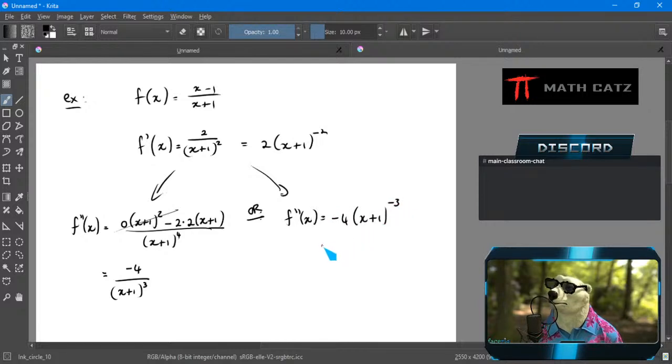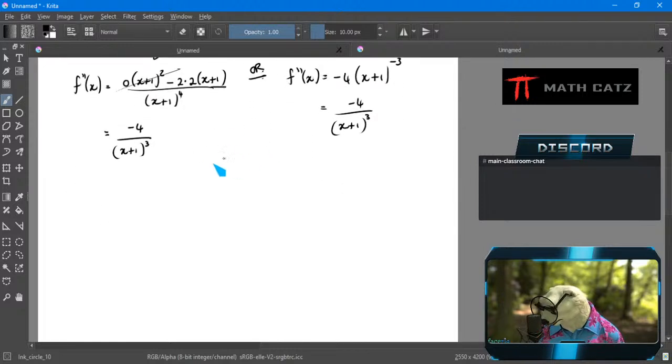I don't love negative exponents moving forward, so I move it to the appropriate side, and you see I get the same thing. Some people love the quotient rule. I don't want to stand between you and your love of the quotient rule. That's okay. But know that you have options. And the chain rule is another option. Whichever one really gets me to simplify safely, honestly. That's my priority here. I don't want to make a mistake in simplification because I'm going to use that simplified version moving forward.